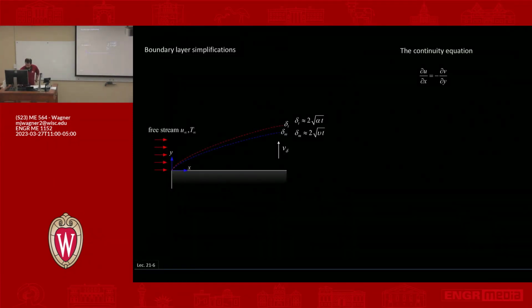If I pick a position here and draw a temperature profile, the actual temperature profile is going to look something like this. What is the approximate model that we've developed? Where did that come from?